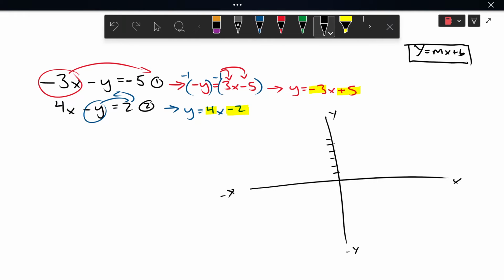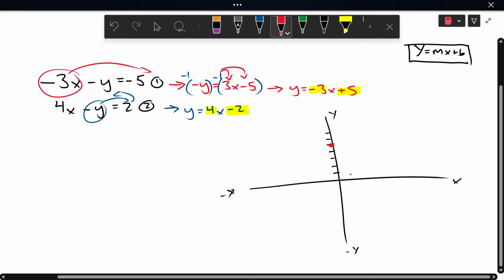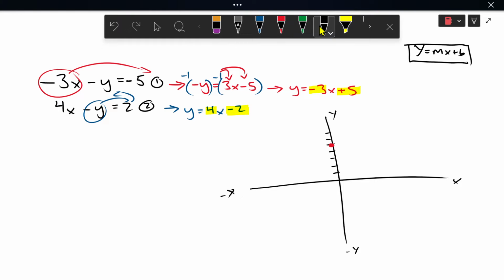This is obviously not to scale. 6, 7. So this is 5. So right about here is the y-intercept for here. And then we have 1, negative 2, negative 3, negative 4. And then the y-intercept for equation 2 would be about here.